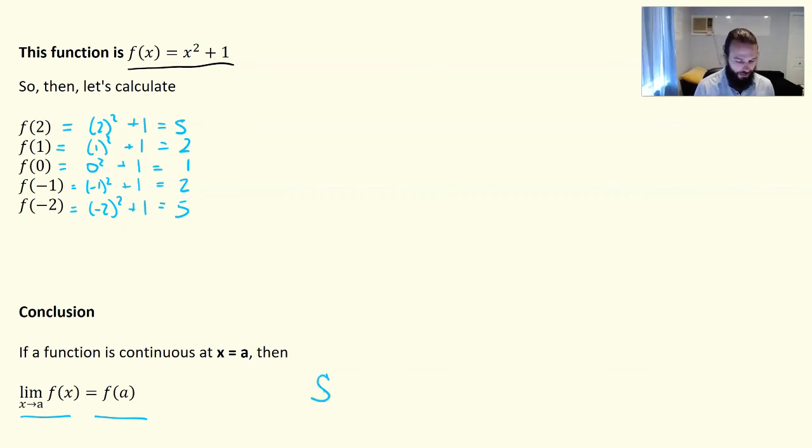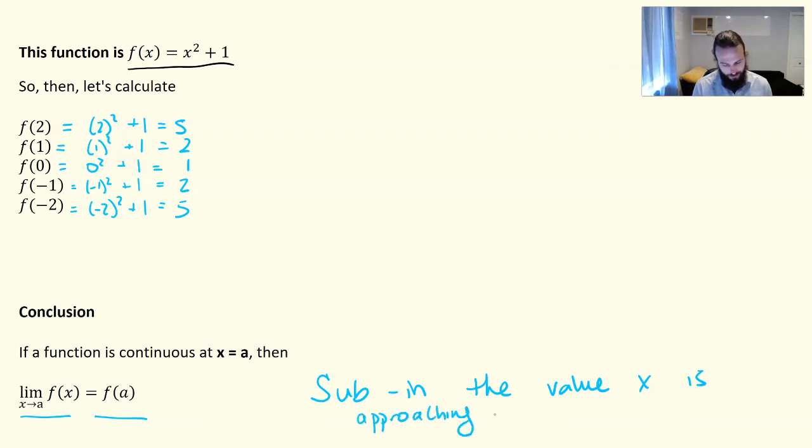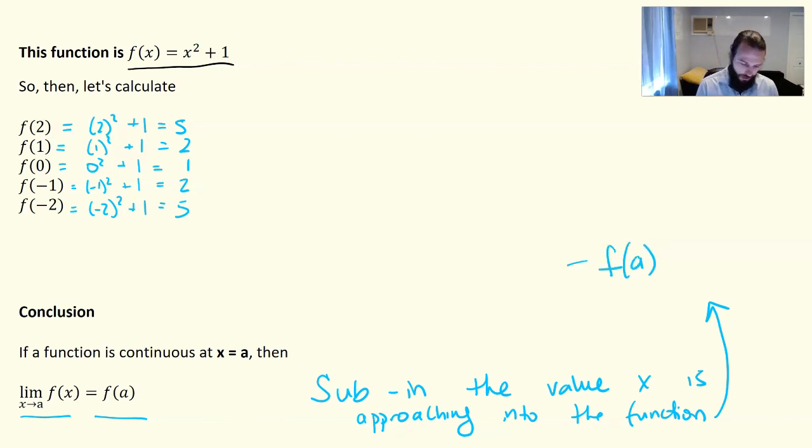So all we have to do is simply sub in the value that x is approaching into the function. That'll get us the f of a, whatever that a value is, which we know that as long as the function is continuous is equal to the limit.